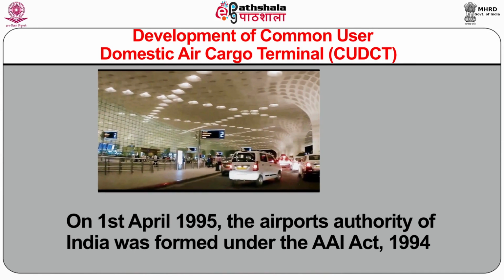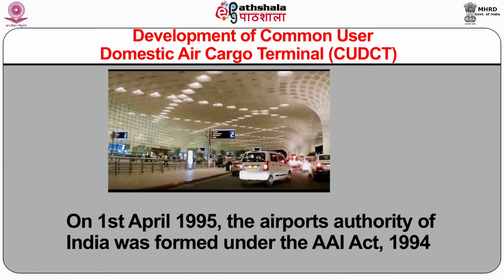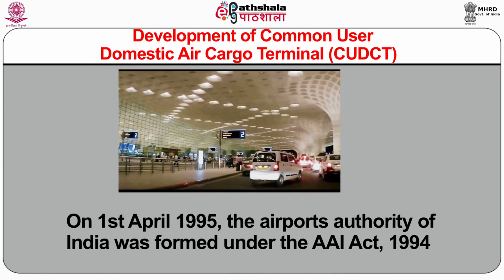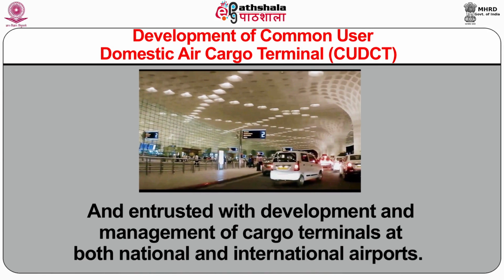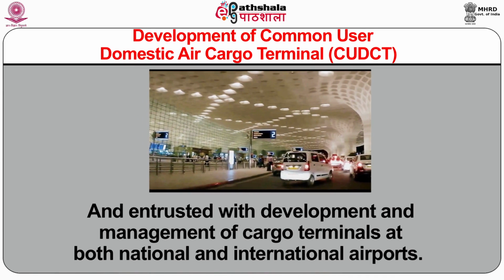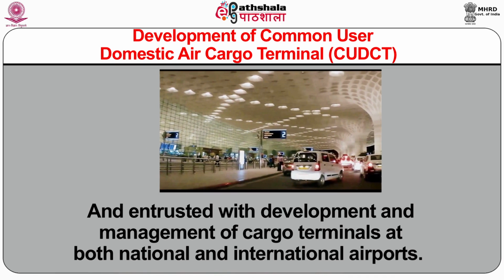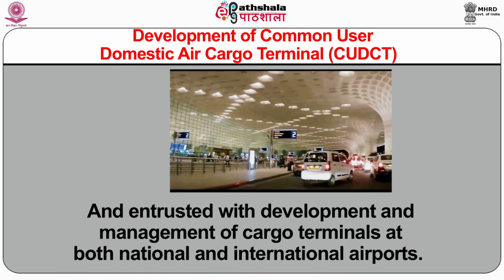On 1st April 1995, the Airports Authority of India was formed under the AAI Act 1994 and entrusted with development and management of cargo terminals at both national and international airports.